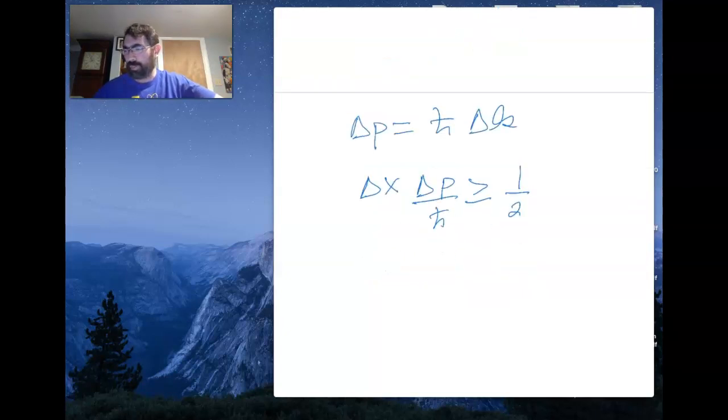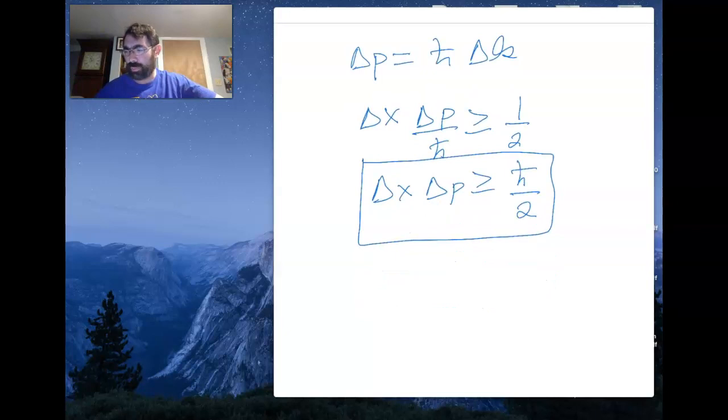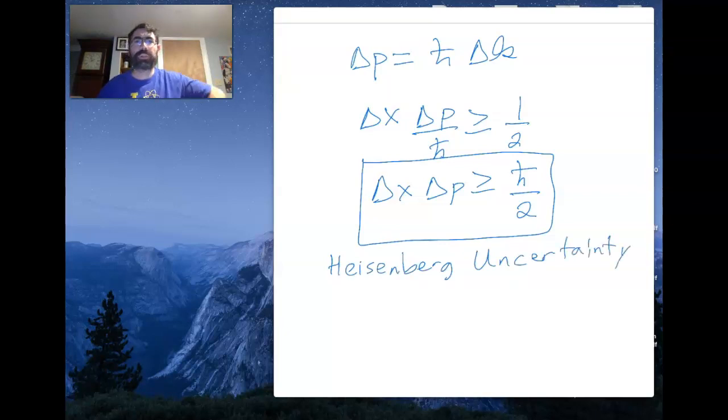If I multiply both sides by h bar, I get delta x delta p is greater than or equal to h bar over 2. And so I get this very interesting result called the Heisenberg uncertainty principle, which you may have heard about before.